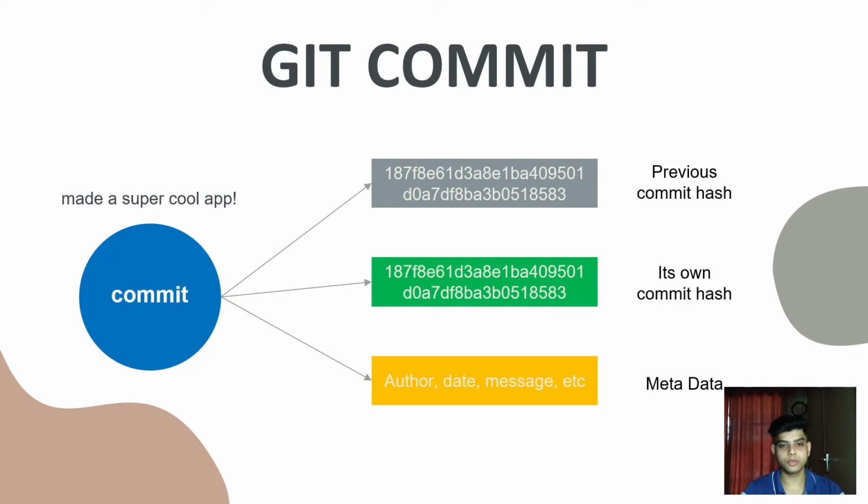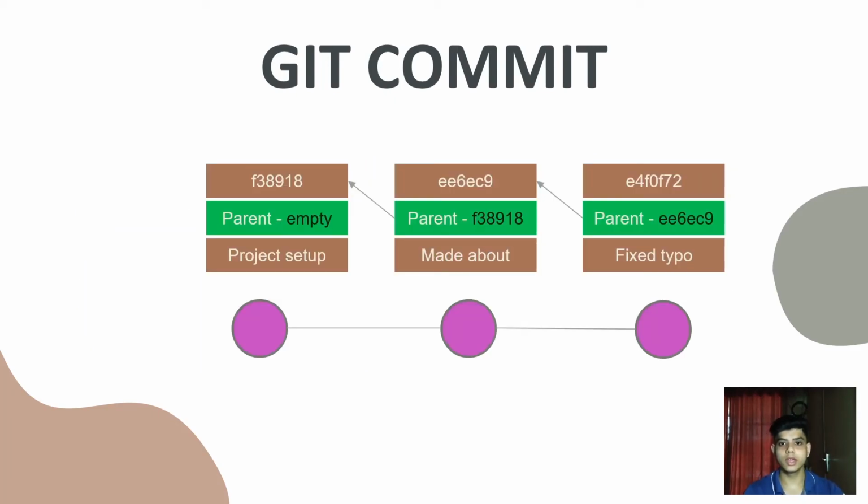All right, so let's consider an example. Let's say these are the three commits that we made. A project setup, then we made about, then we fixed a typo. These are the three commits I made. So how would this look? Let's consider this commit.